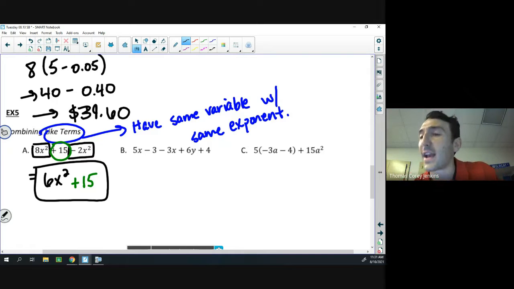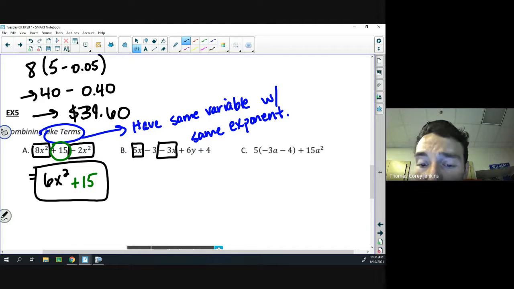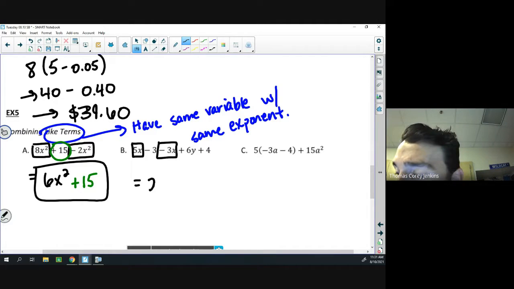All right, looking at the next one, we have a 5x and a minus 3x that we need to write as one term. Just blurt it out if you know what it is. What's 5x plus negative 3x? 2x, good. Then we have, I'm going to run out of shapes here.